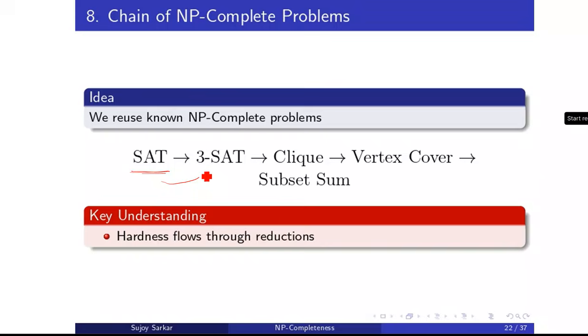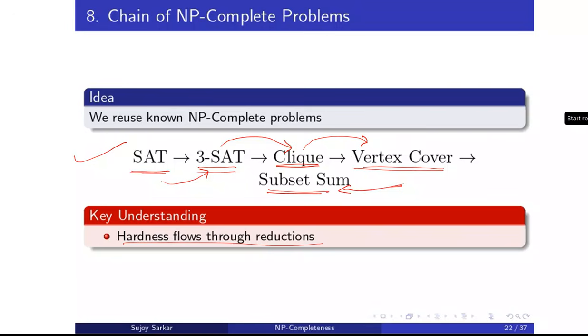So we reduce SAT to 3 SAT and prove that 3 SAT is NP-complete. Then we reduce 3 SAT to Clique to prove that the Clique problem is NP-complete. Then we reduce Clique to Vertex cover to prove Vertex cover is NP-complete. Then we can reduce Vertex cover to subset sum to prove that subset sum is NP-complete. Like this, a chain of hardness, or hardness flows through these reductions.